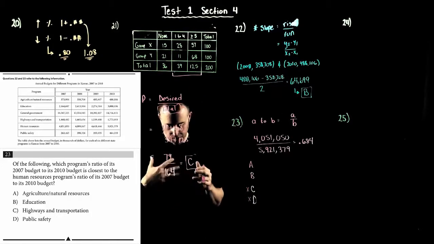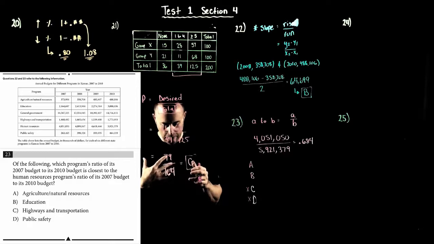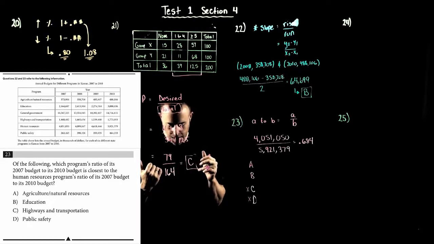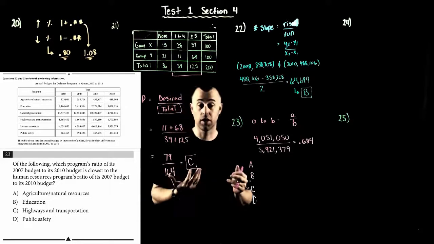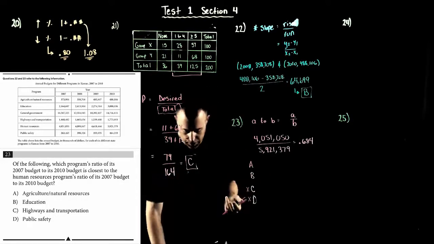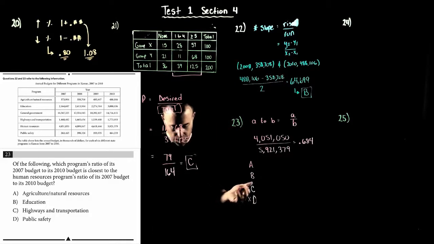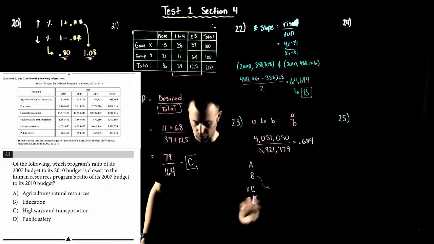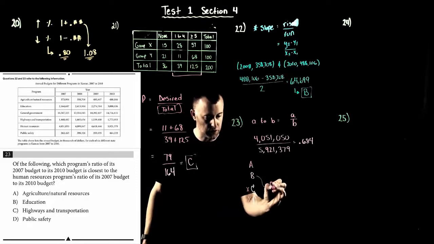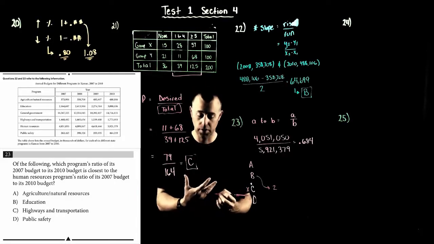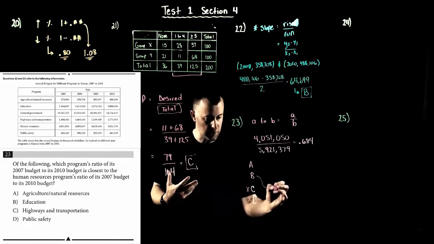I was kind of stuck here between A and B when you're looking at agriculture, natural resources, and education. But for the sake of time, you're just going to test each one until you find the one that's closest. So when you do answer choice B, I'll show you what the ratio would be and how you compare them.